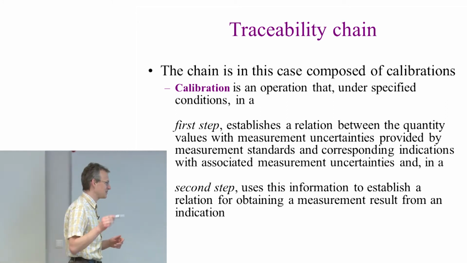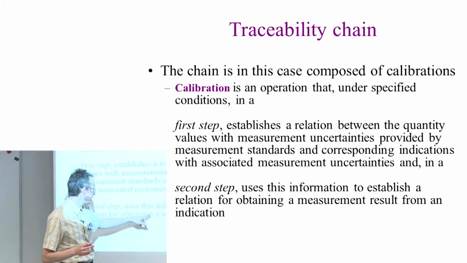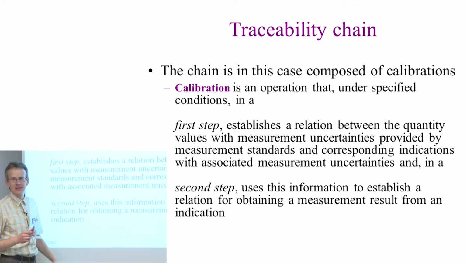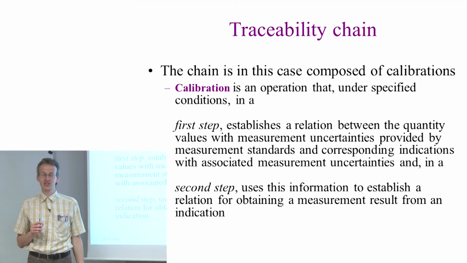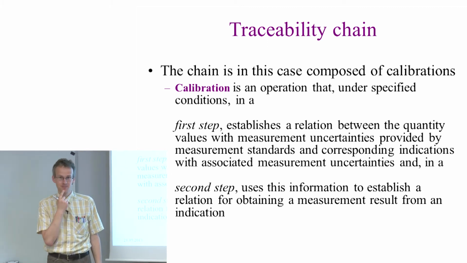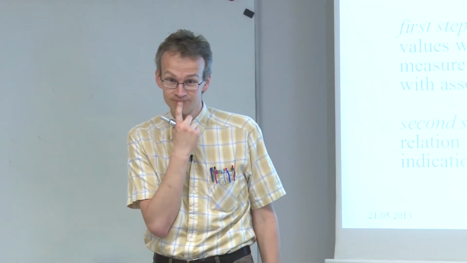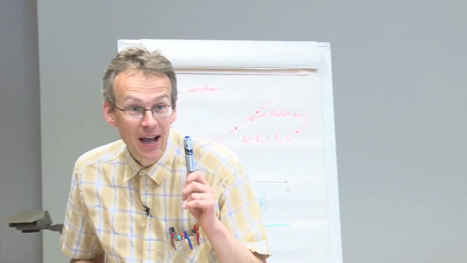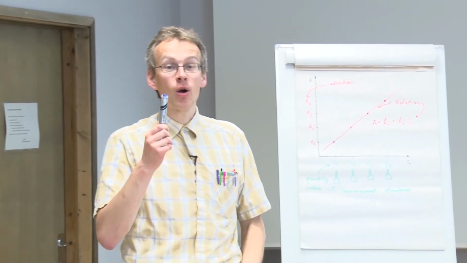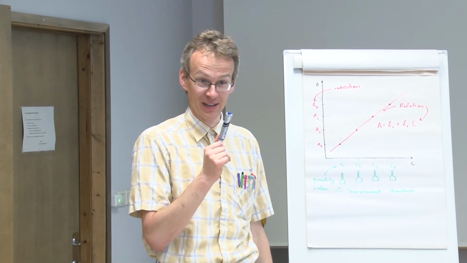Okay, let me ask you this way. What could this mean? Obtaining a measurement result from an indication. What kind of indication? What could they have possibly thought in this case? From the signal, we find the concentration of our sample solution. Yeah, our sample solution. So now we take a solution where we do not know how much of the analyte is inside.